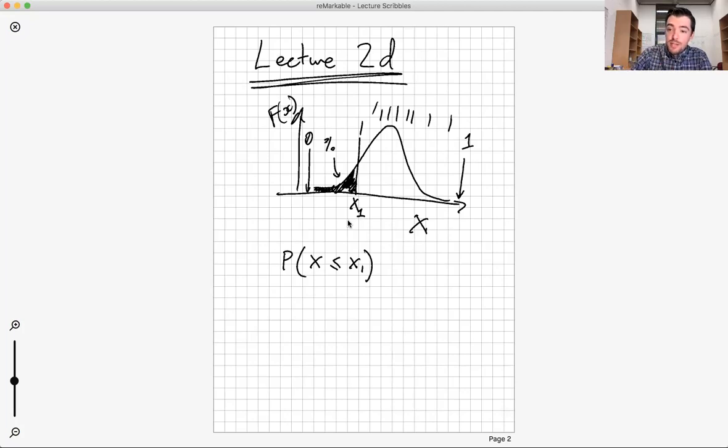So the probability of observing any value less than or equal to some value xi is directly related to the amount of probability mass that the distribution has below that value, right?